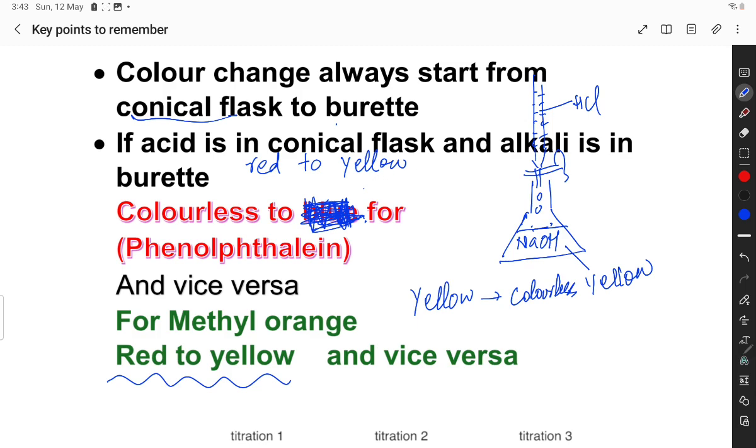Or if alkali is in the conical flask, then the color change is yellow to red.